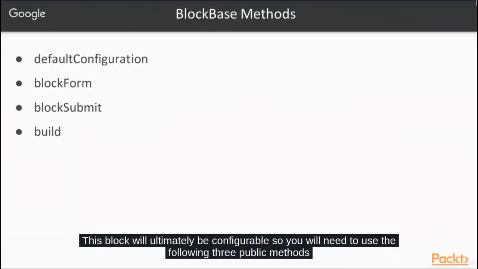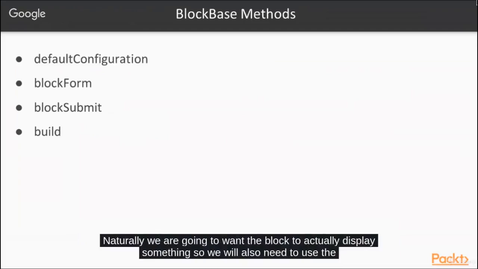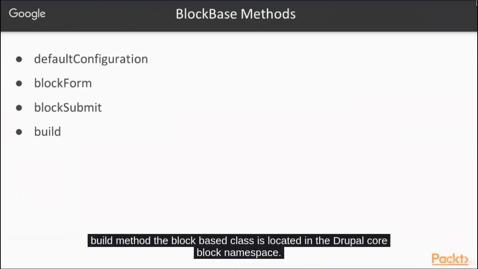This block will ultimately be configurable, so you will need to use the following 3 public methods from block-base: default configuration, block form, and block submit. Naturally, we are going to want the block to actually display something, so we will also need to use the build method. The block-base class is located in the Drupal core block namespace.